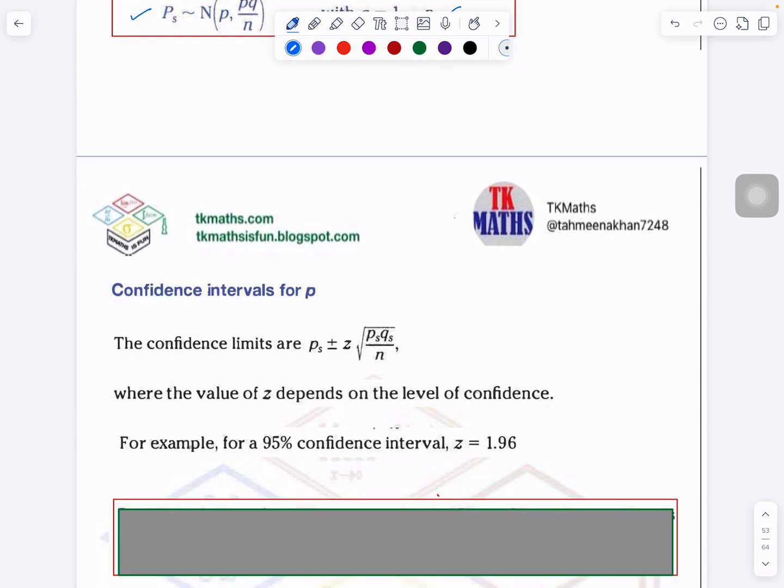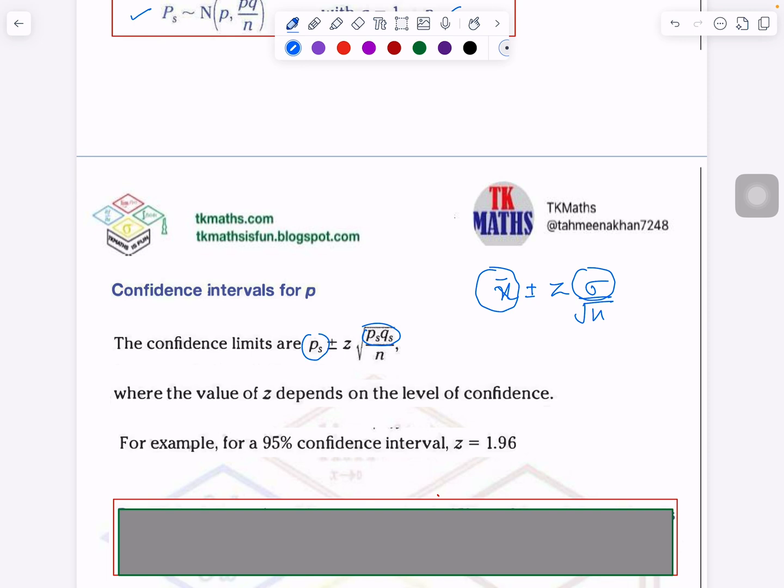So when we are talking about confidence interval now, earlier it was what? Just a minute. It was this. I'm talking about the population mean. It was plus minus z sigma over root n. So now instead of this and instead of this, you will change it to p_s, q_s and p_s, right?